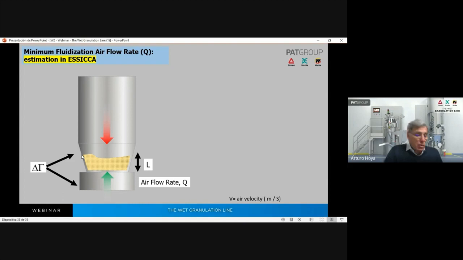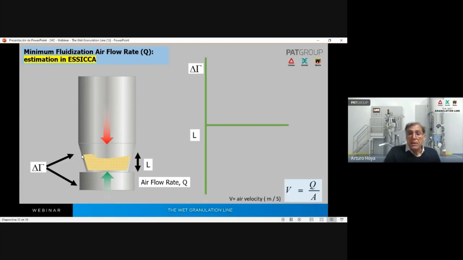So the measurement of the minimum fluidization airflow rate involves increasing the airflow and monitoring the change in the pressure difference and in the height of the bed.